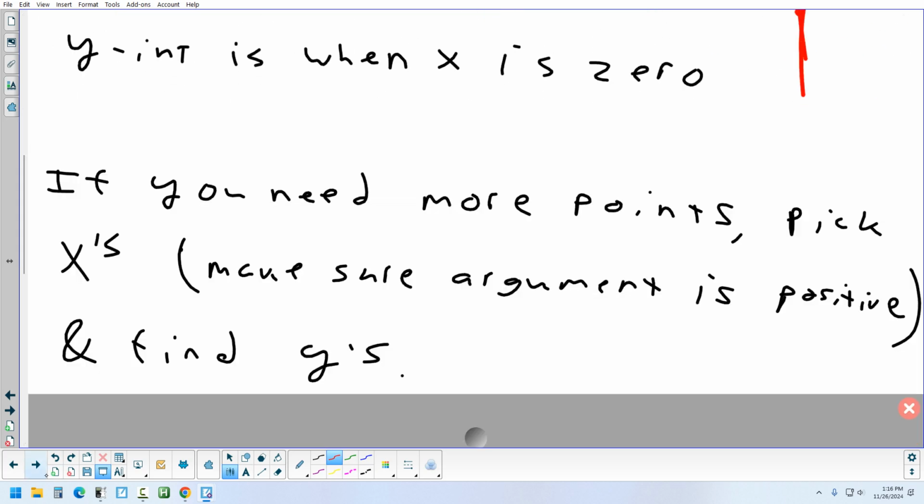Usually that point is just limited by the size of my graph paper. So I usually pick an x value less than 10, because my graph paper doesn't go above 10. Pick a point that's far away from the intercept. Because if you have a point here, and you already have a point here, don't pick a point like there.